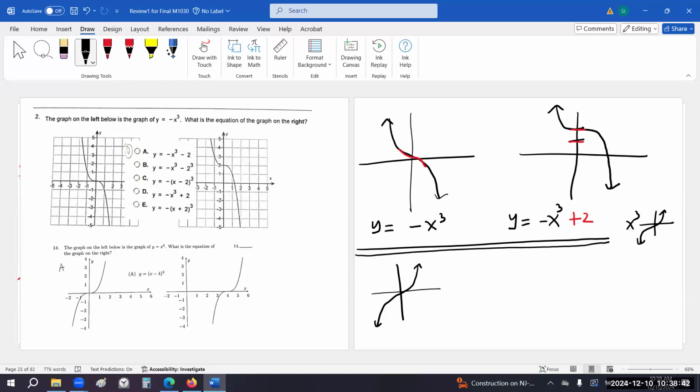This is 1, and 1, 2, 3, 4. This is the other one. So what's the first one? X cubed without any transformation. It's the original x cubed. Go ahead, Sharon.